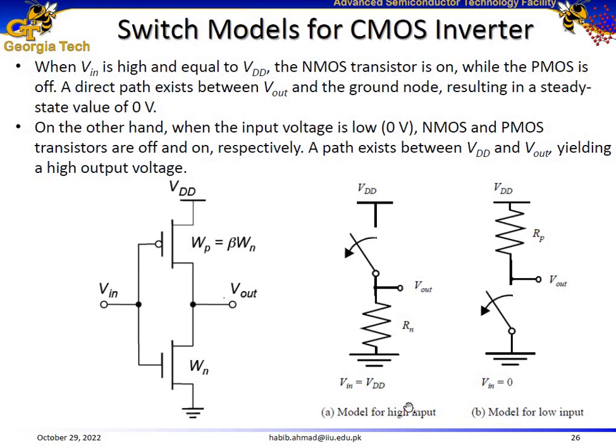Then for high input, NMOS is going to be conducting. So our Vout is connected to ground. This is in cutoff.